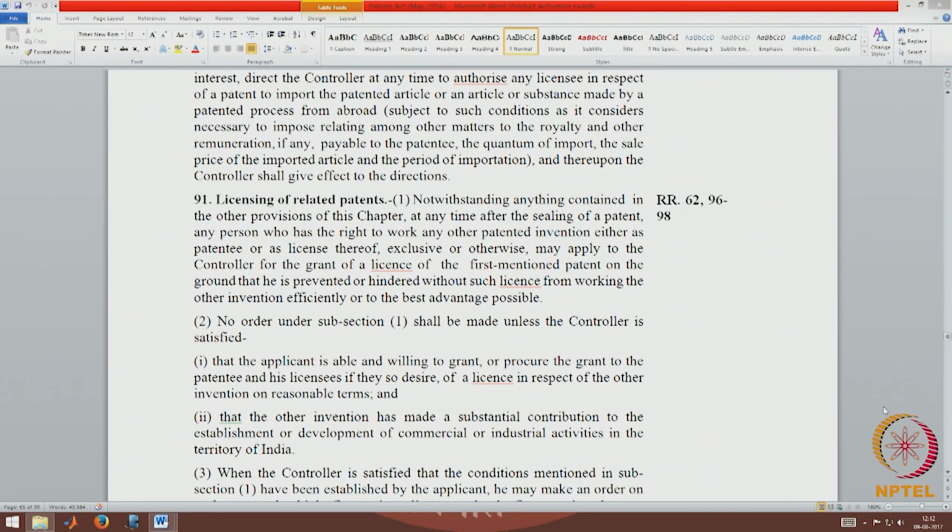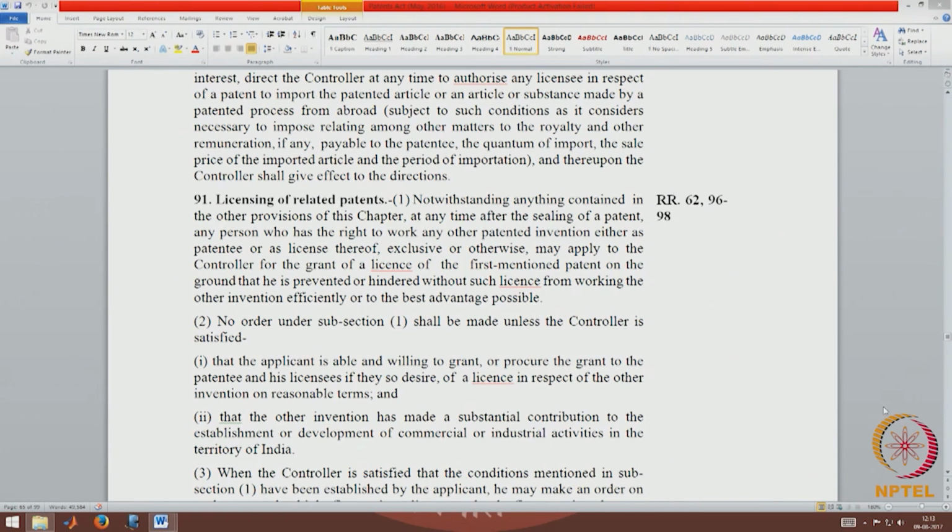Now you will see how different this is from the compulsory licenses that are granted under section 84. 84 had certain grounds: reasonable requirements not met, affordable price not met, not worked locally. This does not pertain to any such ground. The only requirement here is that you cannot work your invention without the use of another person's patent, and that patent is not being made available to you on a license.